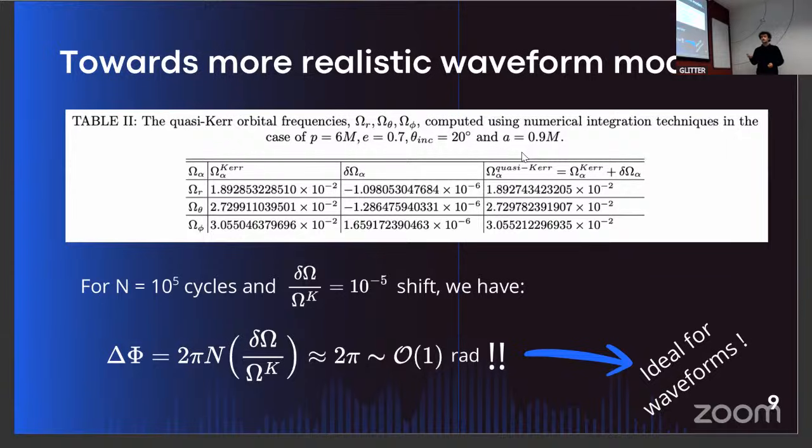And actually, this is quite useful because, as I said in the beginning, an EMRI does 10⁵ cycles in 1 year of inspiral. So if you have a shift of 10⁻⁵, the cumulative dephasing of this motion gives you the order of 1, which is very good for waveforms because we study the overlap between GR and non-GR. So this is the first step to work towards this modified EMRI.